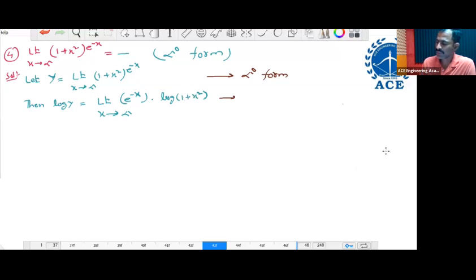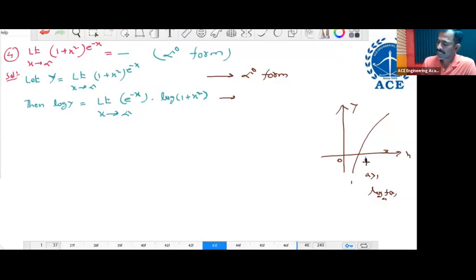The graph of the log function is like this. When the base a is greater than 1, the log function is an increasing function. This is the y-axis, this is the x-axis, this is 0, this is 1, because at 1, log 1 is 0.